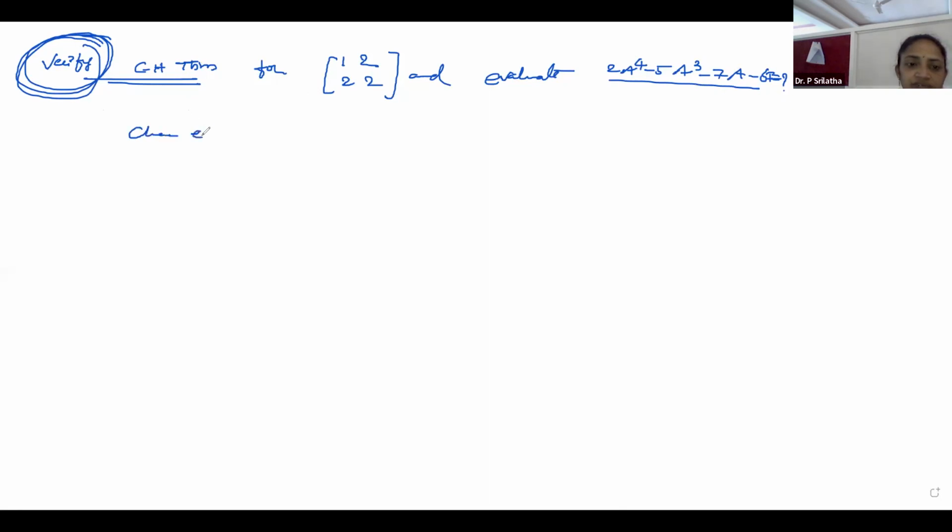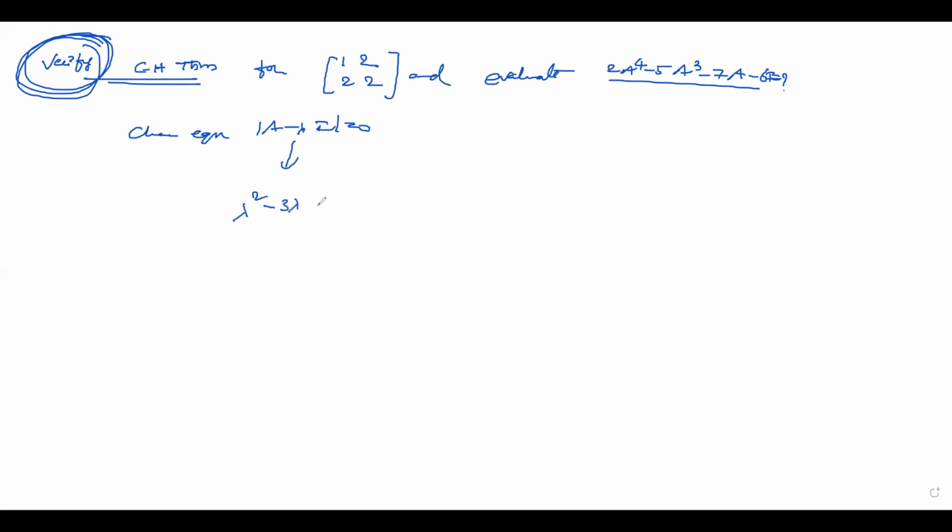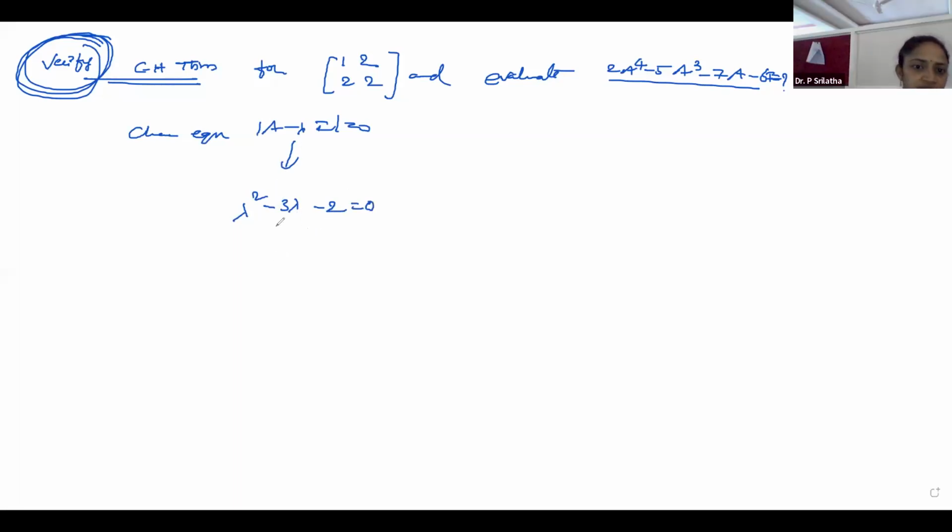The characteristic equation is det of A minus lambda I equal to 0. So what is the characteristic equation here? Lambda square minus 3 lambda minus 2 equal to 0. Okay, so this is our characteristic equation.